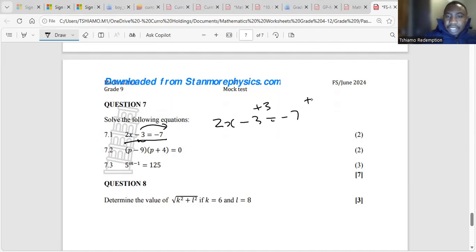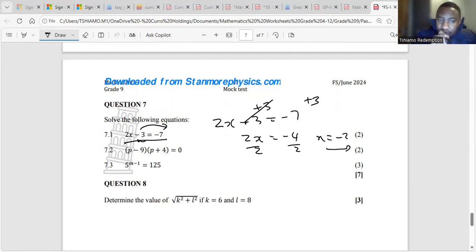If I add 3, I add 3. This becomes 0, and then this becomes how much? -4. Divide both sides by 2. X is -2. So this means if I substitute -2 there for x, I'm going to get -7 as the answer. What about this one?